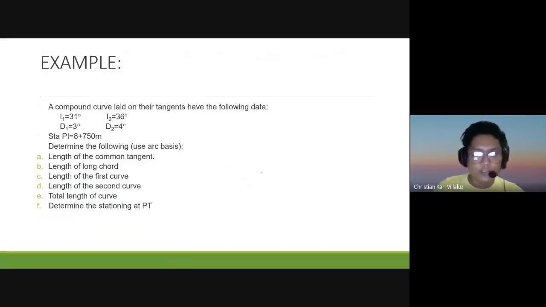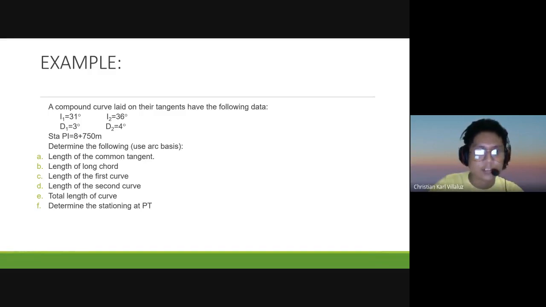Okay. So, halos yung ibang formula dito, dun sa galing sa simple curve ay mag-a-apply pa rin dito sa compound curve. Meron lang tayong mga additional solutions na gagamitin, pero more on trigonometry ang solution natin dito.